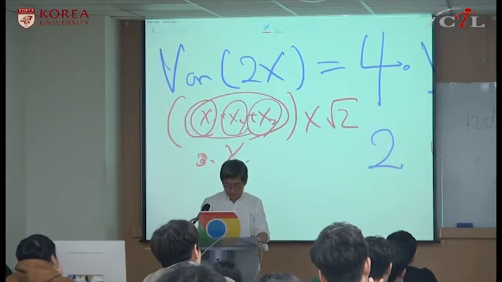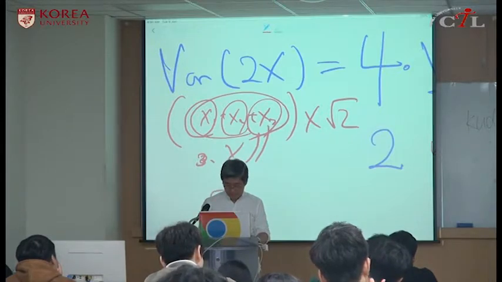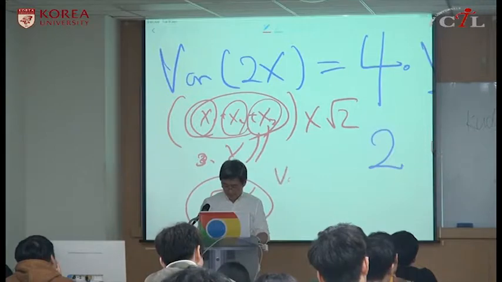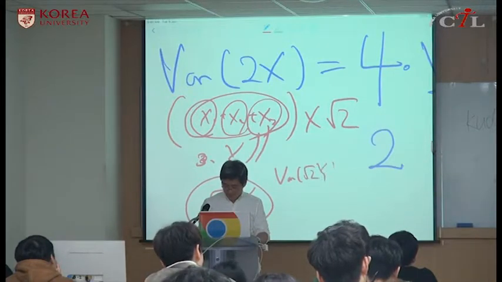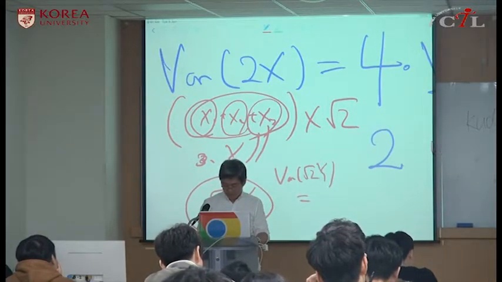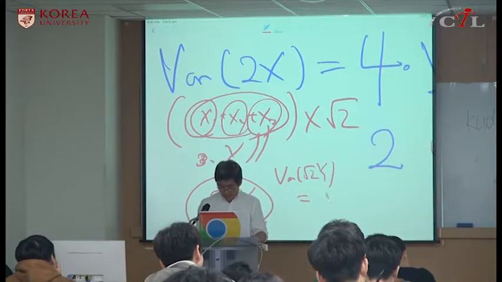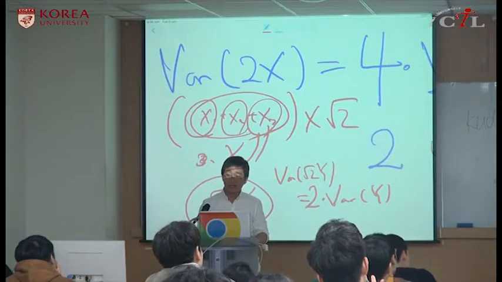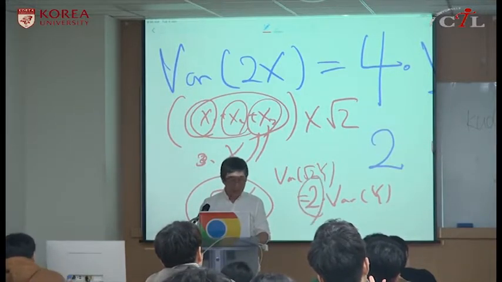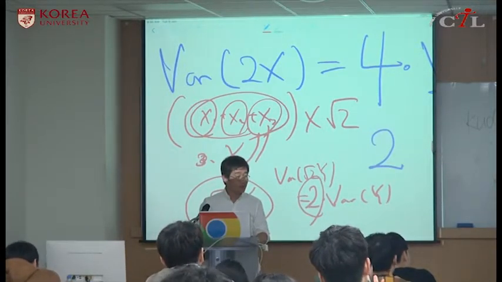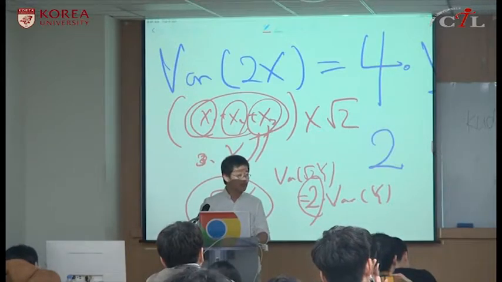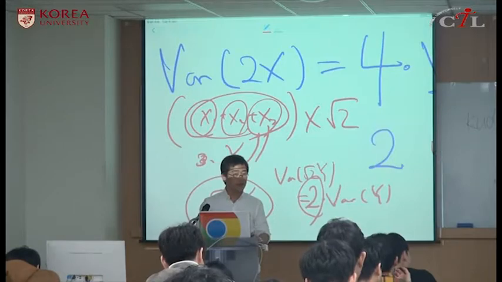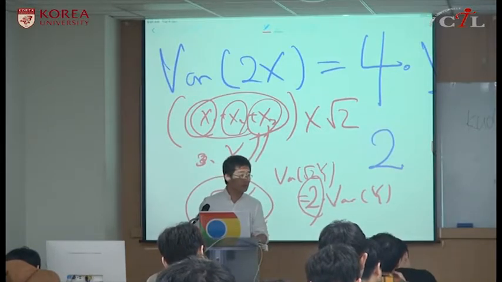Initially y was this guy, and then we consider the square root of 2 times y, and what is the variance of this? That is the variance of y times what? 2, right? So if we use this square root of 2 as an additional multiplier, it will actually increase the variance by a factor of 2, right?